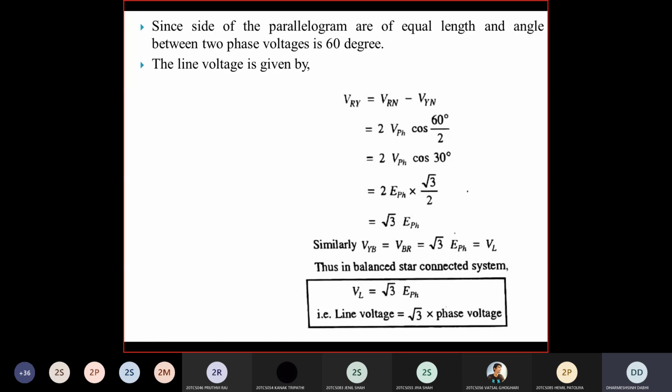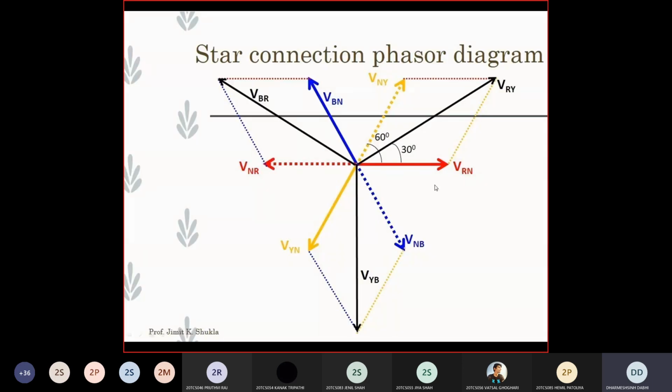And the mathematical equation you can derive from this: VRY is equal to VRN minus VYN. Each phase voltage is the same. So it is 2 times phase voltage into cosine of half the angle between the two phase voltages, using the parallelogram. You can see here between these two phases VRN and VNY the angle is 60 degrees. Here we want to find VRY.